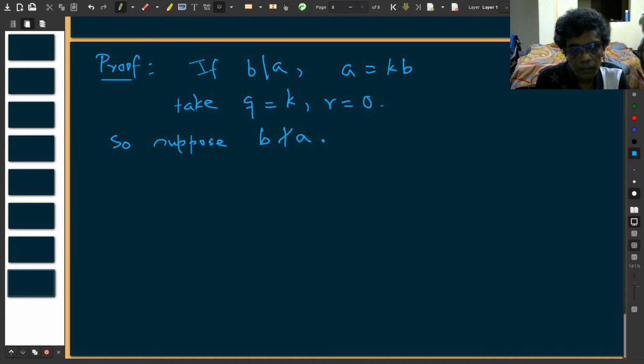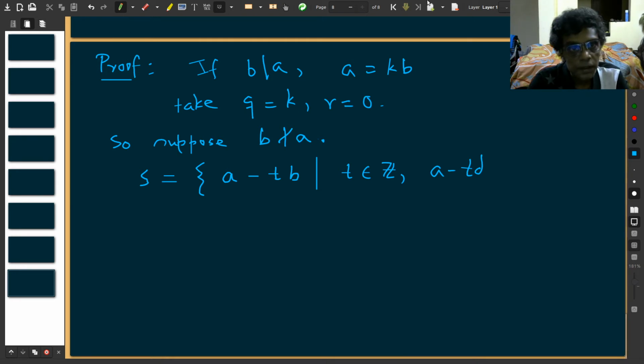Now consider the set S of all A minus TB such that T is in Z and A minus TB is greater than 0.